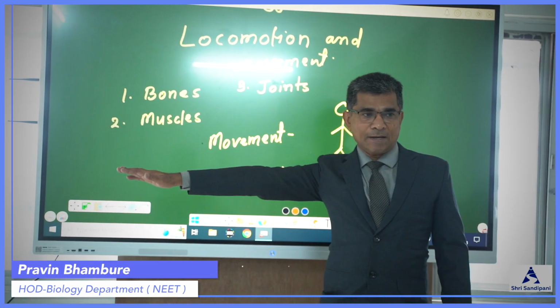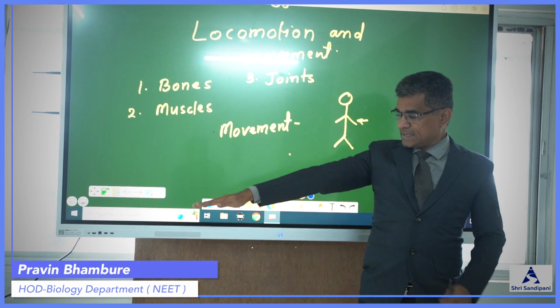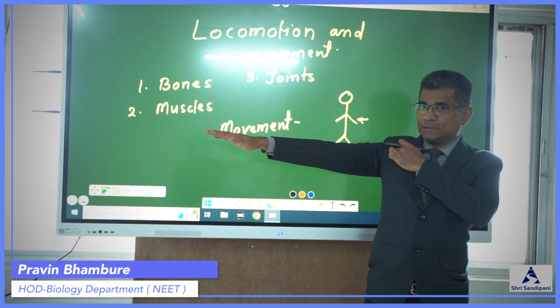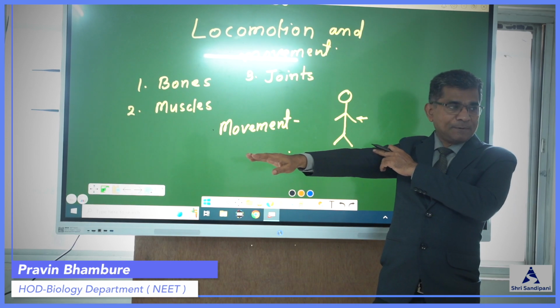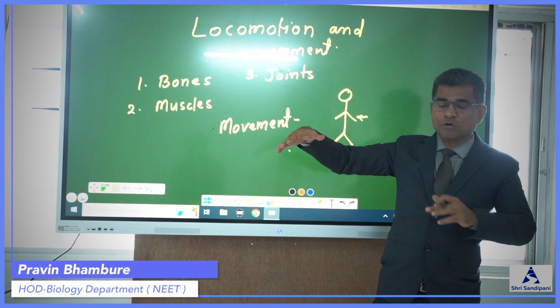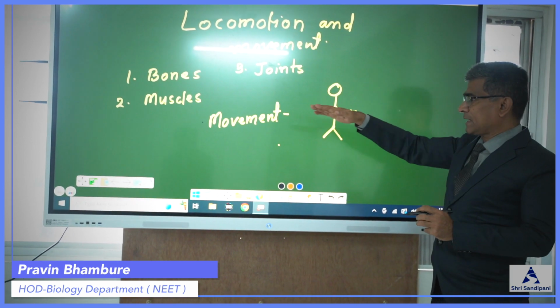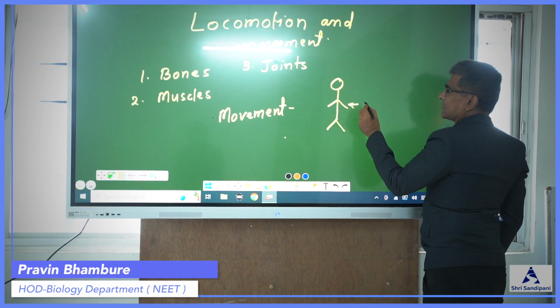If I am moving my hand, there is a displacement of a particular organ around its mean position, and that is called movement. There is no displacement or dislocation of the organ from the body, but there is only displacement of that organ around the mean position, and therefore this is called movement.